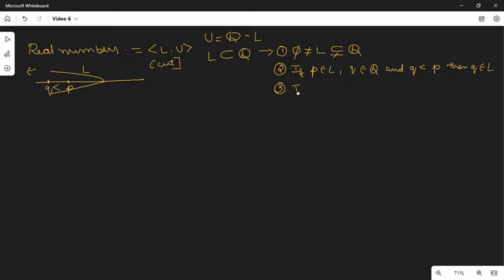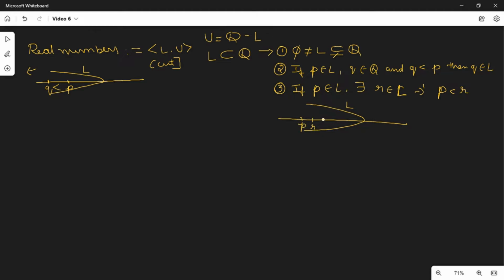And if P is one of the elements of L, then definitely there should be one more element R in L such that P is less than R. That means there is no greatest element in it. If this is our L and we have P here, we must have R here.